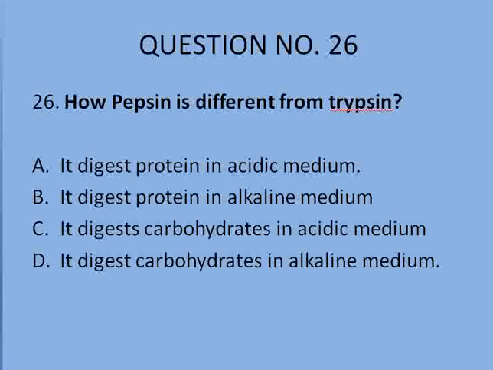First one, it digests proteins in acidic medium; second, it digests proteins in alkaline medium. We know that pepsin is responsible only for the digestion of protein, so the carbohydrate options, C and D, won't come. Pepsin digests protein only in the acidic medium, and cannot digest in the alkaline medium.